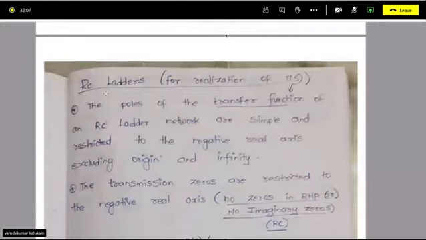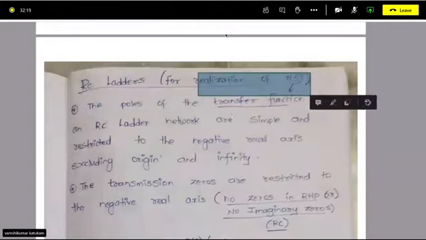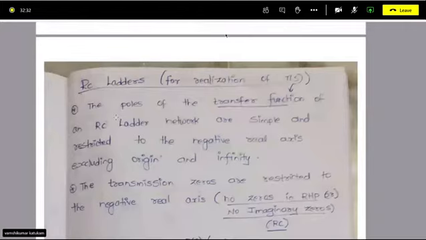So for realization of transfer function, first we are studying RC ladders for the realization of T of S. T of S will be given to you, and we are going to realize it in terms of RC ladders. Just like previous cases, when a transfer function is given to us, we should first identify whether it is for RC ladders, or, as in previous cases, whether it is an RC impedance function or RC admittance function.